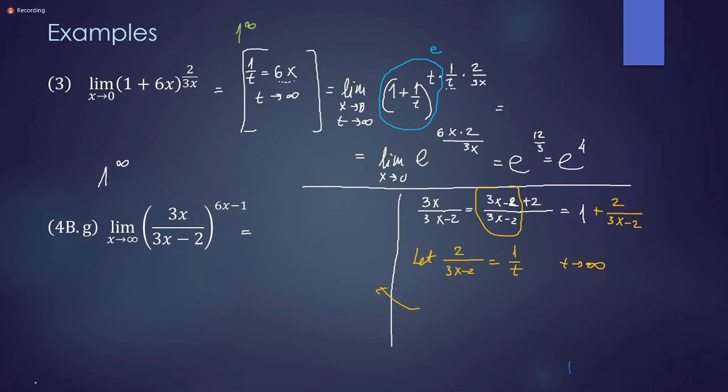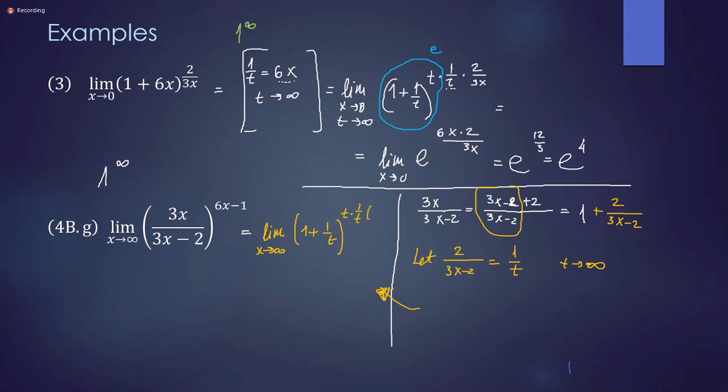Here we have 1 plus 1 over t to the power, the same as always. It's very much standard. So if we do this many times, you should probably remember what happens there. So we put t, we put 1 over t, and we put the actual 6x minus 1, the real exponent that we actually had.